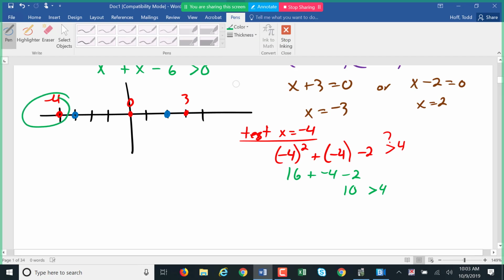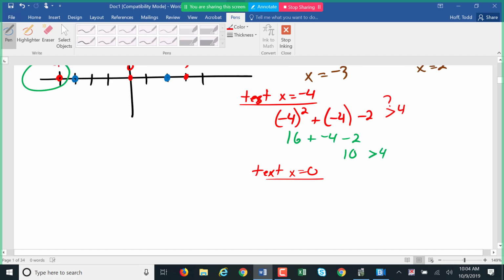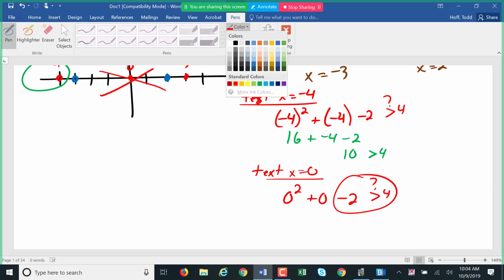Test the 0. Is 0 squared plus 0 minus 2 greater than 4? Well, no. All I have there is negative 2 on the left side. That's not greater than 4. Not true in between there.